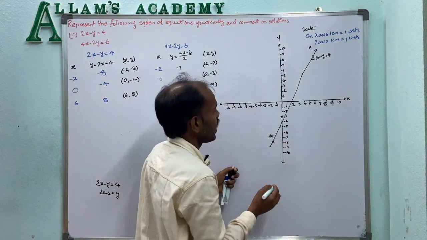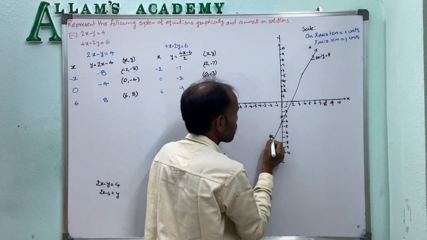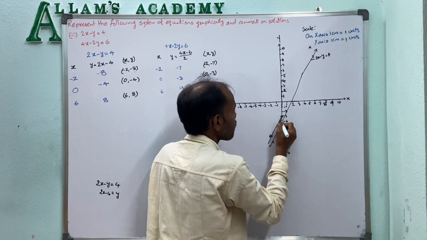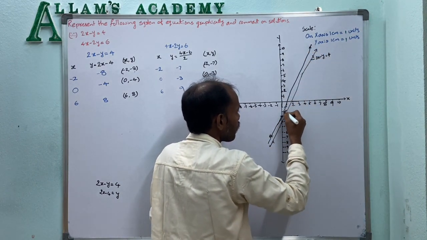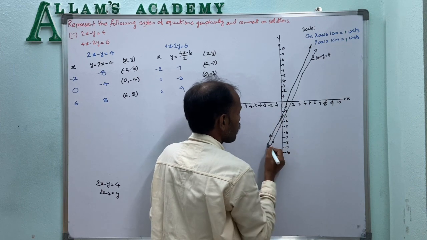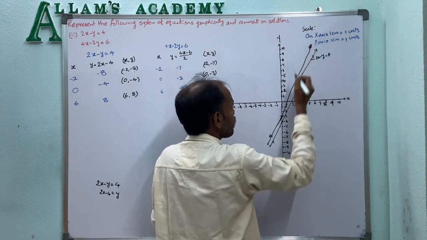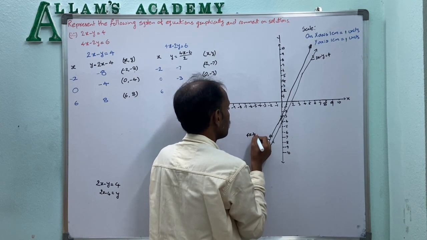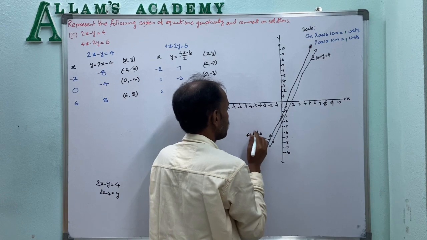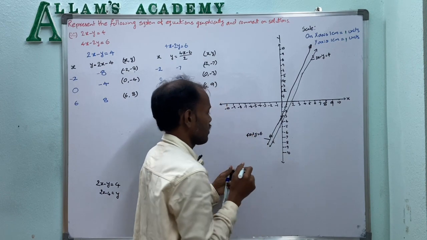Now if we join these points, it is the line 4x minus 2y equal to 6.